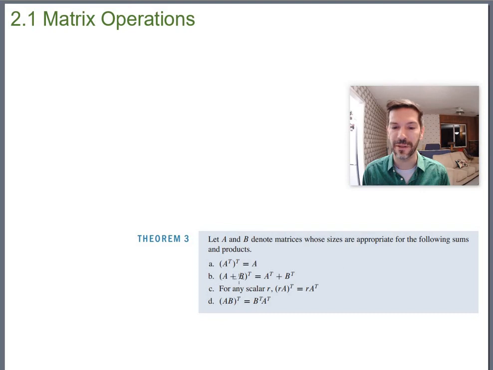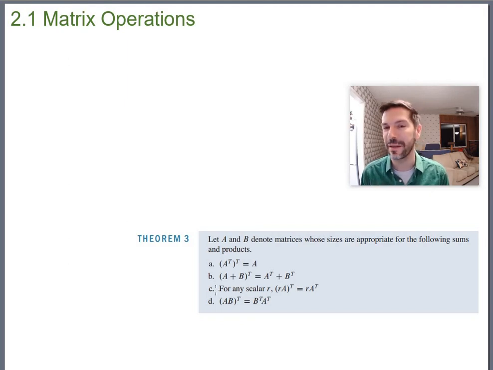You can add the matrices first and then move rows to columns, or you can move rows to columns first and then add, and you'll get the same thing. Also true that you can do scalar multiplication and then transpose, or transpose and then do scalar multiplication. Either way, the rows are getting flipped for columns, and every entry in the matrix is getting multiplied by 5 or something, right? I think A, B, and C are pretty intuitive as you think through what we're talking about.